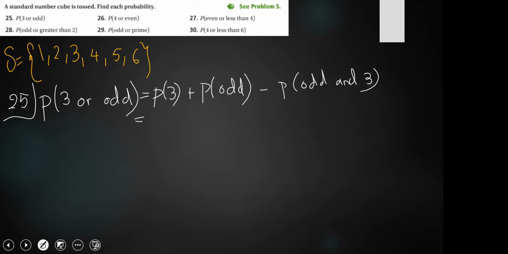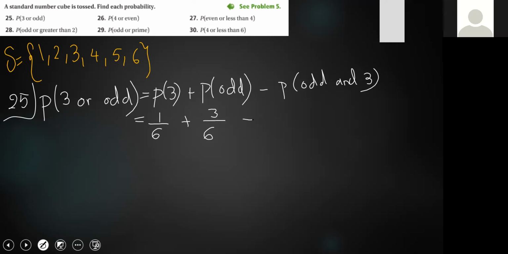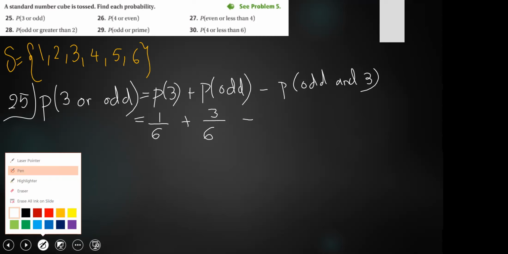What is the probability of getting 3? It's 1/6. How many 3s do we have? We have only one 3, so it is 1/6. How many numbers are odd here? 3/6. Exactly. How many are odd and 3? 1/6. What are the odd numbers?